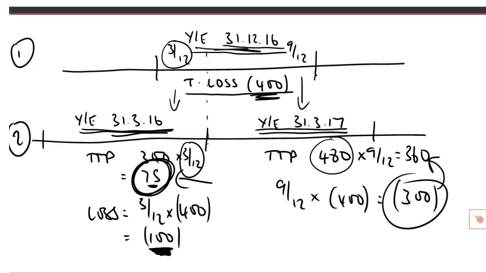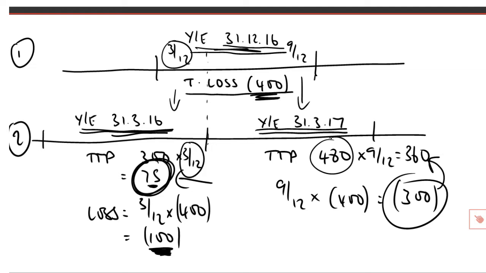So we're able to work out on the coterminus, the corresponding accounting periods, that 3 months of the loss of the year ended December 16 can go against 3 months of the profit of the year ended 31st of March 16. Then the remaining 9 months worth of the loss of the year ended December 16 goes against 9 months worth of the profit of the year ended March 17.